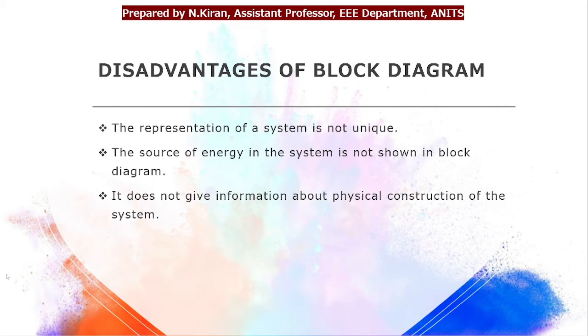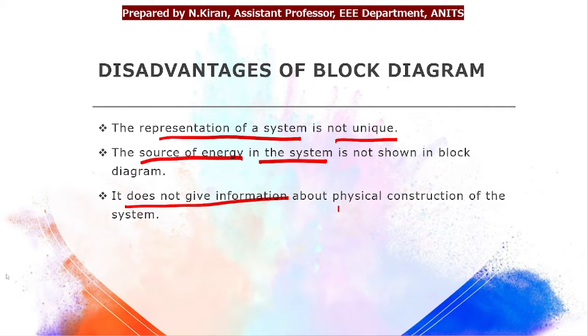The main disadvantages of block diagram: there is no unique representation of a given system using block diagram reduction technique. The source of element and the source of energy in the system is not shown in block diagram representation, and lastly, it does not give any information regarding the physical construction of the system.